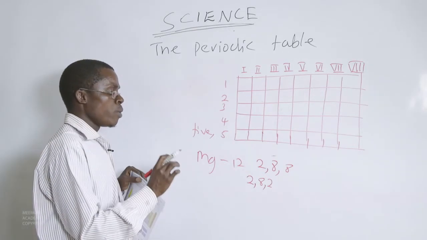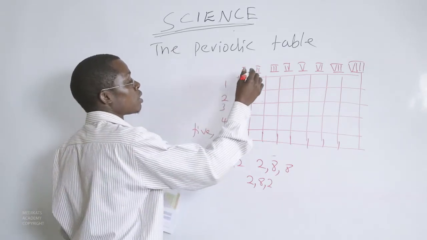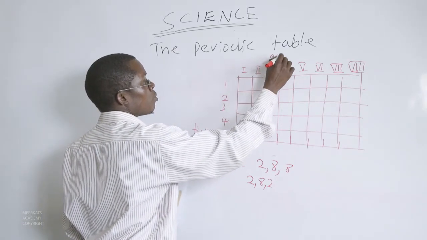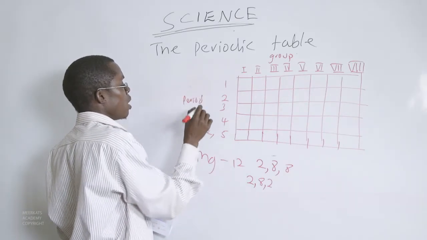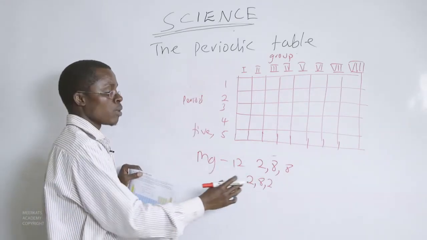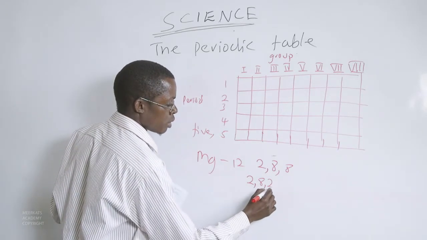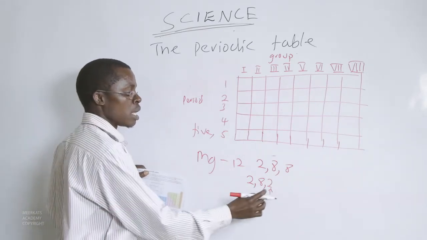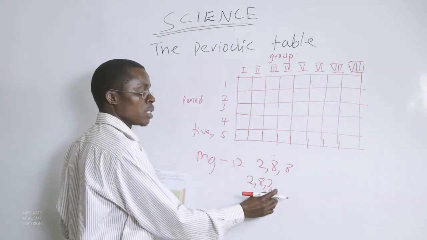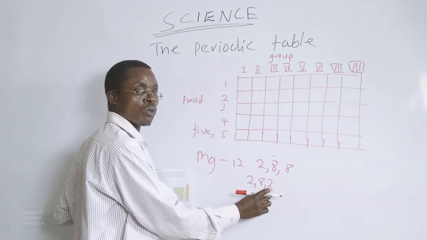Now, where do we get the group and where do we get the period? How do we get the period and how do we get the group? The group is the number of the outermost orbit. So we shall have it in group number 2.